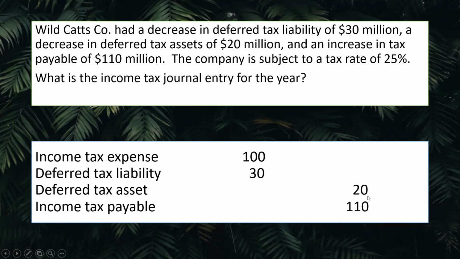We could have added the 110 tax payable plus the 20 in deferred tax asset. We get 130. Subtract out the 30 in tax liability, and bam, you've got your income tax expense. So it's really just plugging in these three where it tells us they go, and then figuring out this last figure.